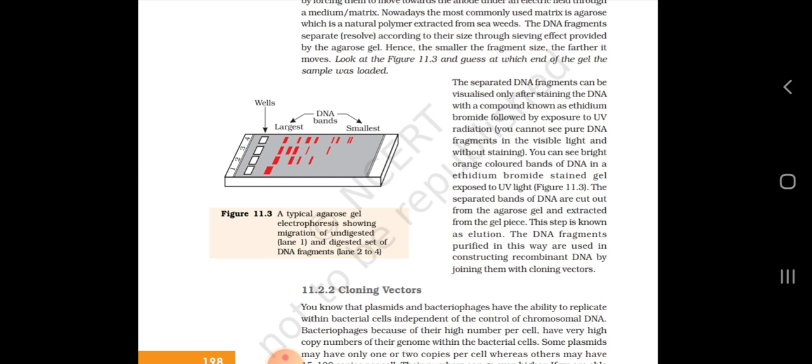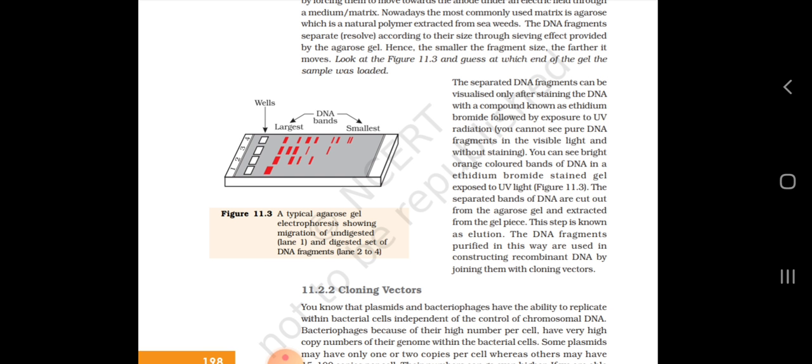If the size of the DNA is small, it will move faster through the gel, and if the size of the fragment is large, then it will not be able to move out of the pore, so it will remain at a place or move only a little.